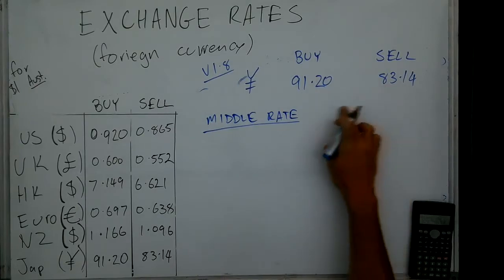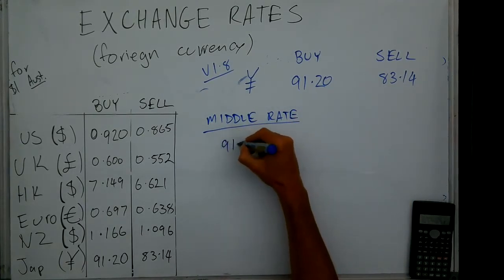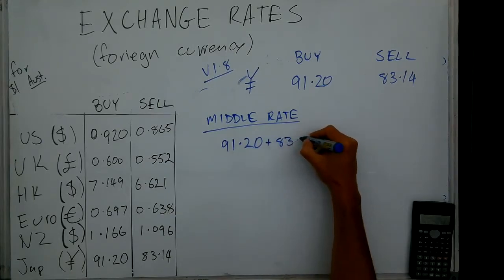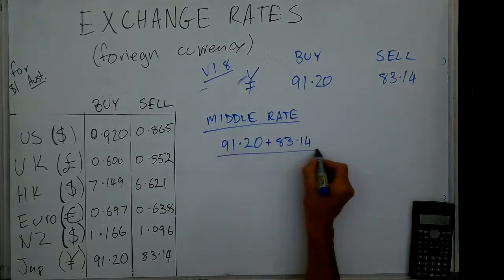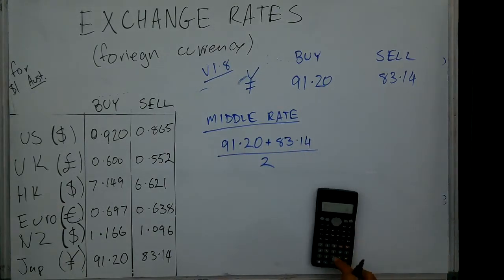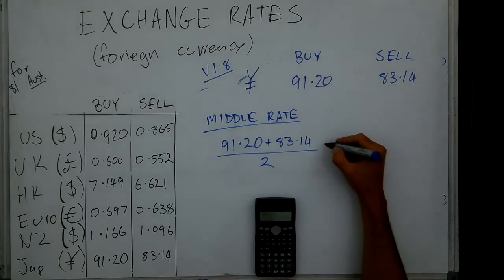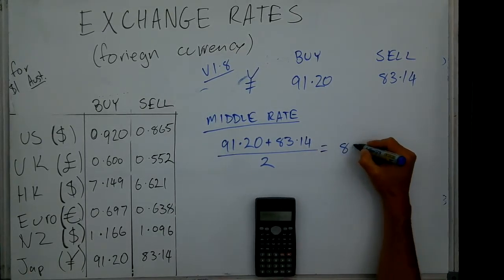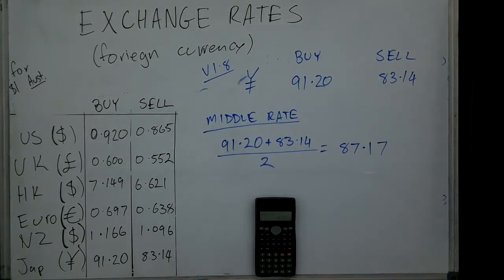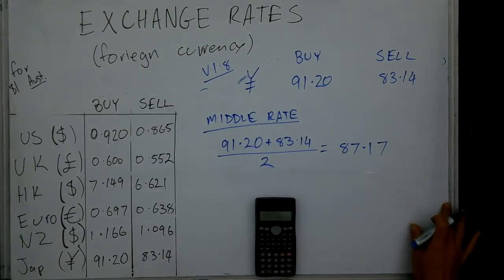Remember, it's the average of these two, so 91.20 plus 83.14, and then we're going to divide all that by 2 because we've got two things. So 91.2, 4 by 2, so we end up with 87.17. So that is our middle exchange rate.